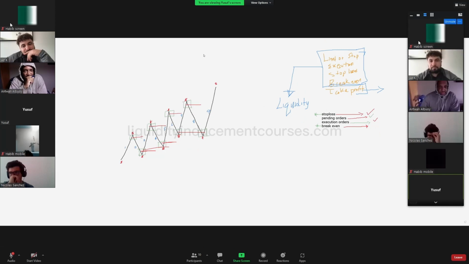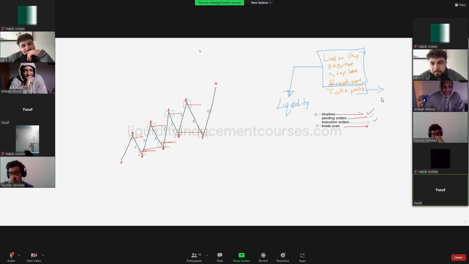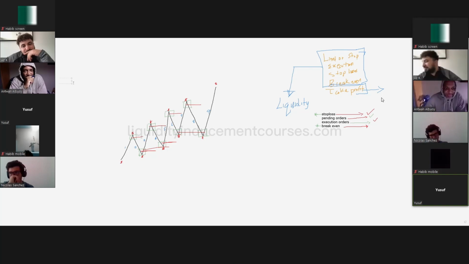Now, the 3 of them go like this. I hope you guys are enjoying the approach to liquidity now. So this is transactional and order account liquidity. So the first type of liquidity that I identified is the transactional liquidity.